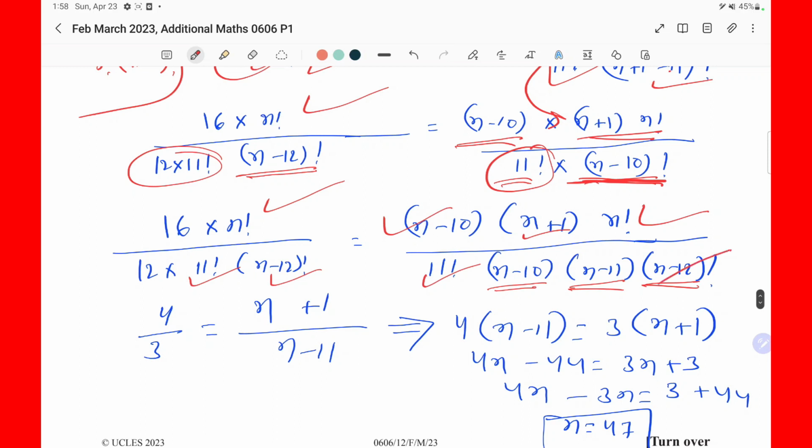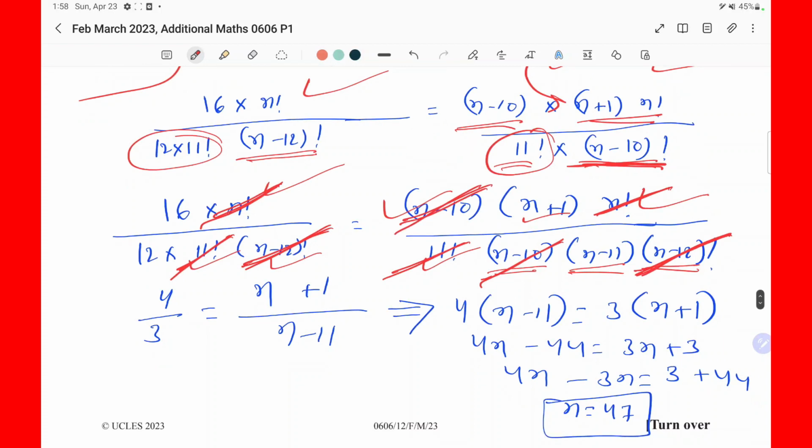Now you can cancel n minus 12 factorial here and here, 11 factorial here and here, n factorial here and here, and n minus 10 here and here.